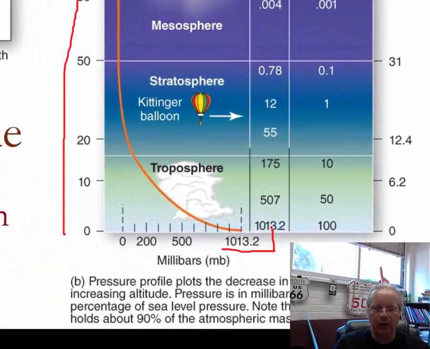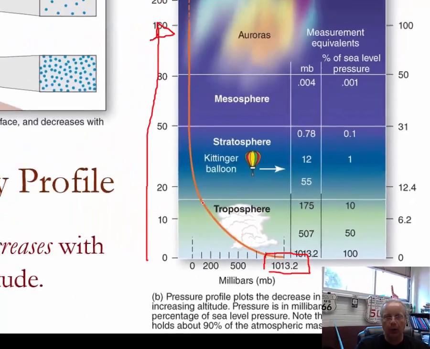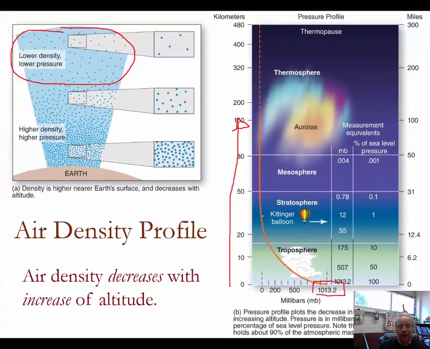Here's one of the things you absolutely should remember: we measure air pressure in millibars, and it is 1013.2 millibars on average at sea level. But as you go up through the atmosphere, higher and higher, the air pressure drops lower and lower.